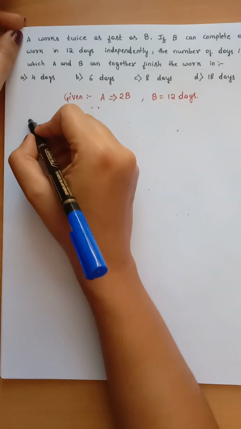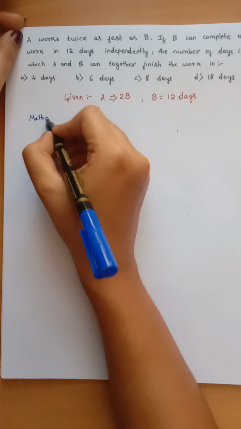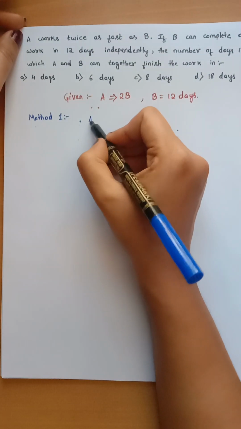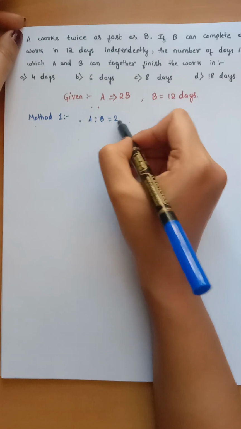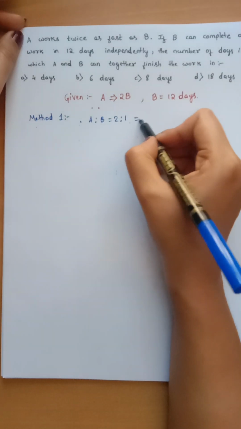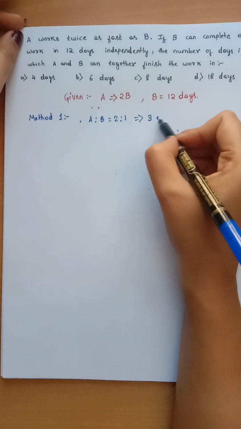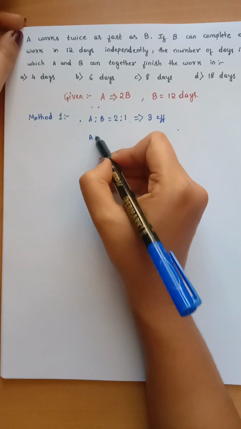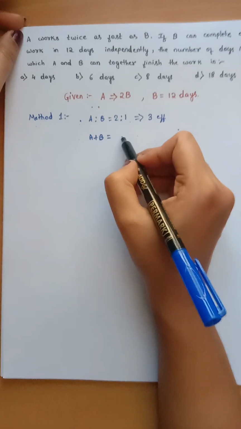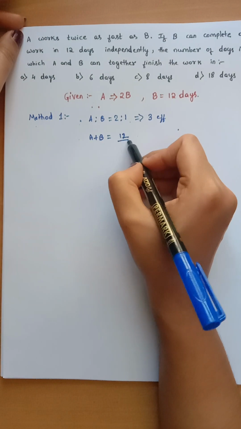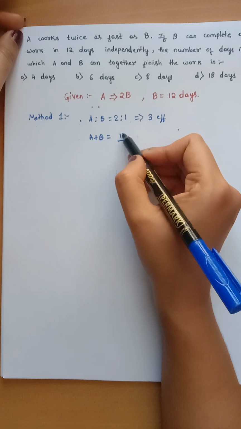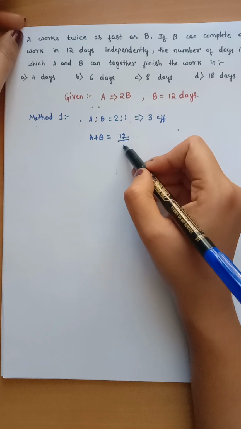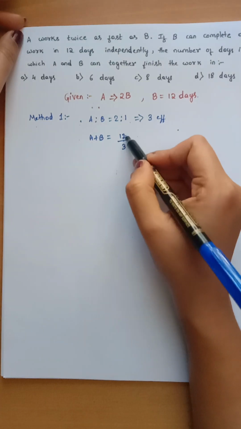Let's start solving the problem. Method 1 to solve. If A and B's efficiency is 2 is to 1, their total efficiency is 3. So, the number of days A plus B takes is 12, the number of days taken by B, divided by A plus B, that is 3.